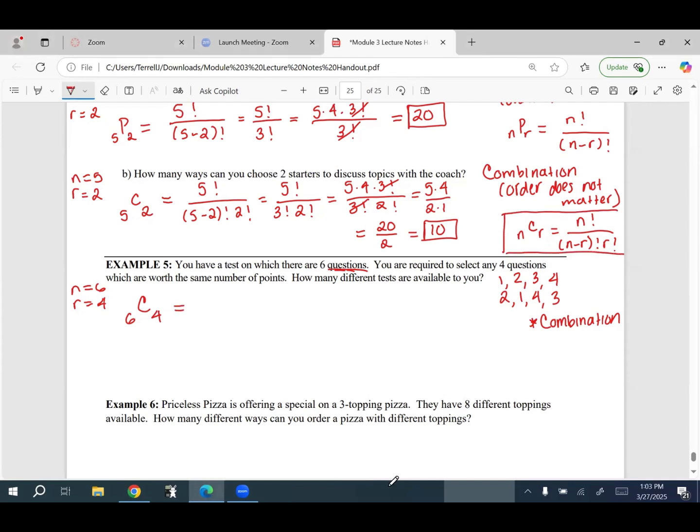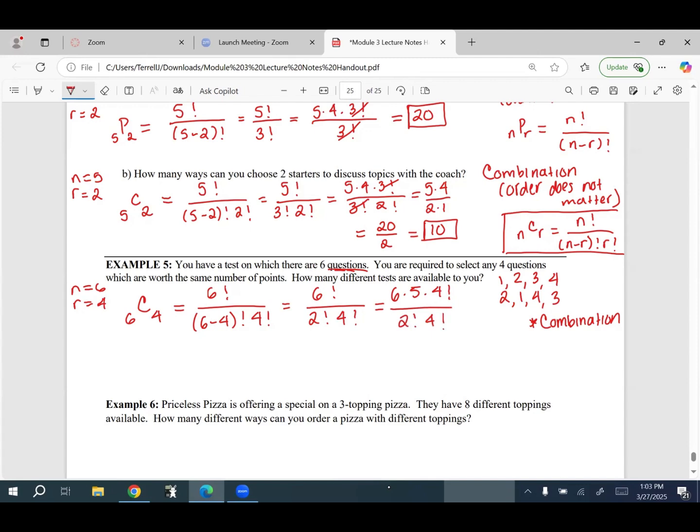This is 6 factorial over 6 minus 4 factorial, 4 factorial. This is 6 factorial over 2 factorial, 4 factorial. 6 minus 4 is 2 factorial. So now, rewrite 6 factorial as 6 times 5 times 4 factorial over 2 factorial, 4 factorial.